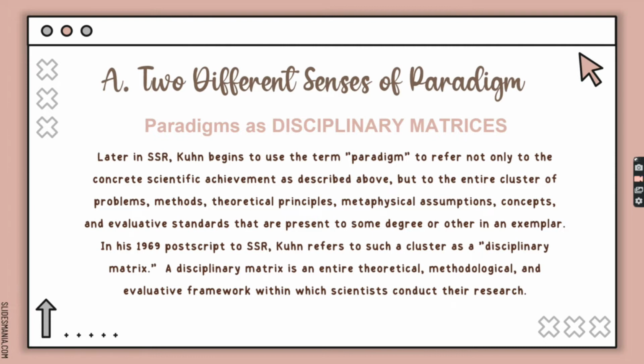For example, the concrete, definitive scientific achievement. In his 1969 postscript to SSR, Kuhn refers to such a cluster as a disciplinary matrix.